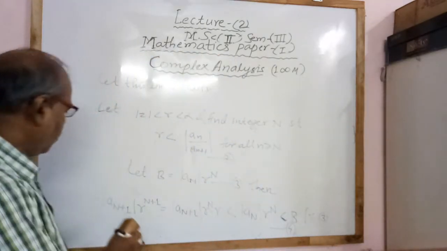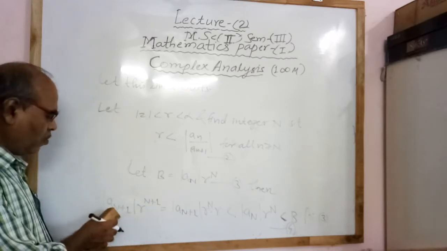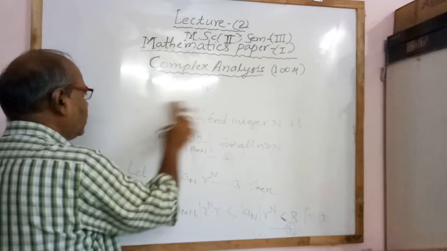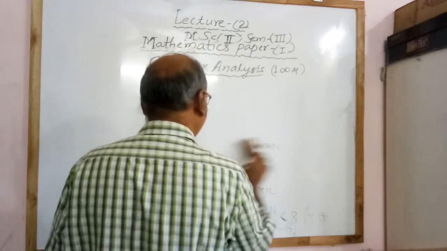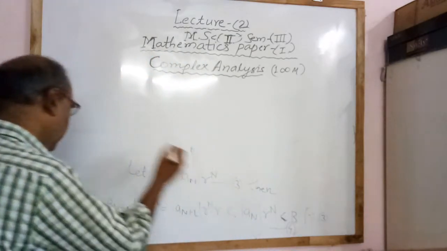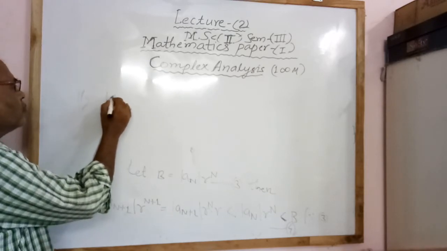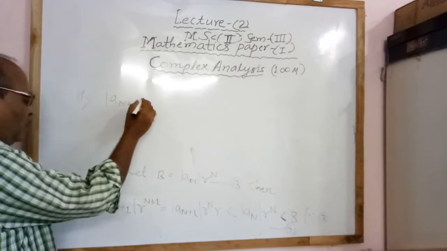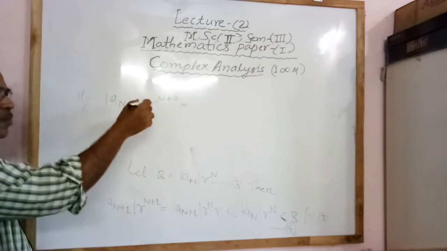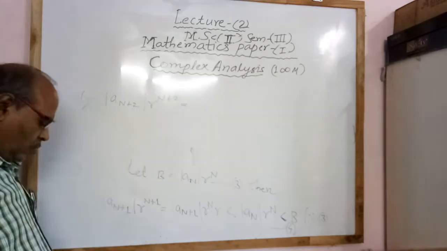Now we are seeing this mod of aN plus 1 r to the power N plus 1. Then we see the expression for mod of aN plus 2 r to the power N plus 2. Similarly, mod of aN plus 2 r to the power N plus 2. Again by property of indices we break this r to the power N plus 2 as r to the power N into r squared.